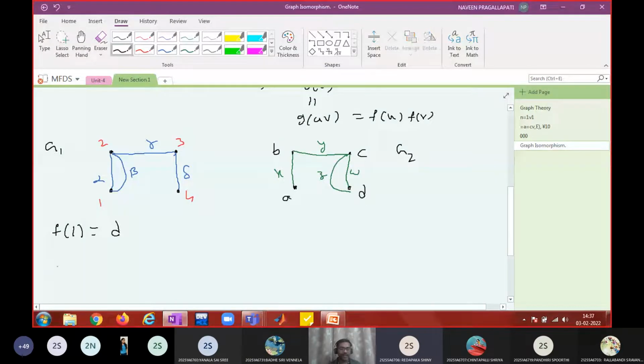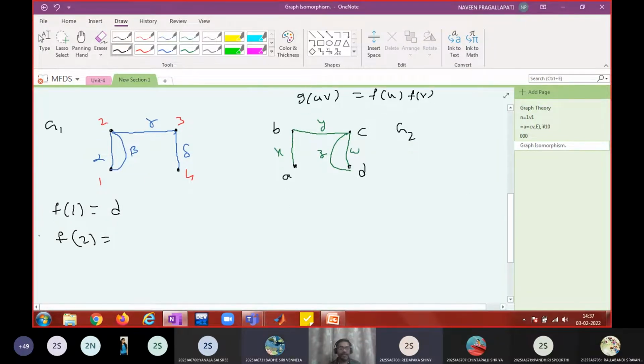Next vertex 2. 2 you want to map to C. Next vertex 3, you want to map to B. Vertex 4, you want to map to A. Now how do you map the edge set?